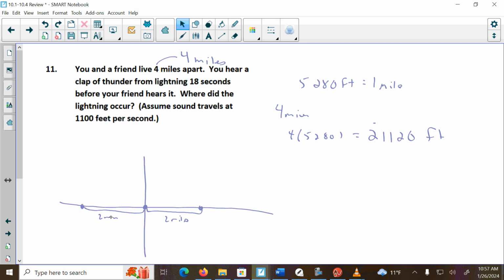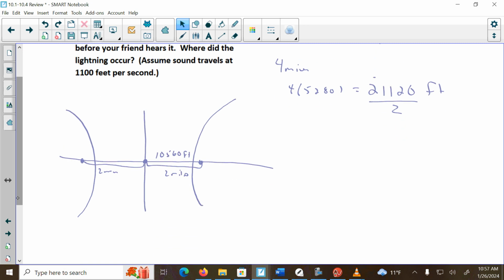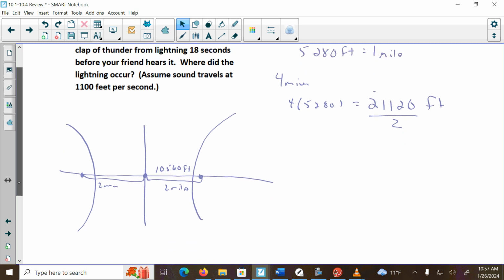And then in feet, this is going to be half of that. So this is going to be 10,560 feet. So I know that these are going to be my foci, which, newsflash, on the answer key I have them drawn as the vertices. They are not the vertices, my bad.